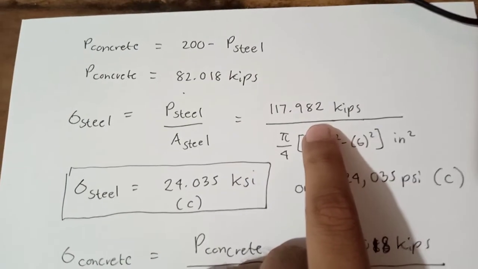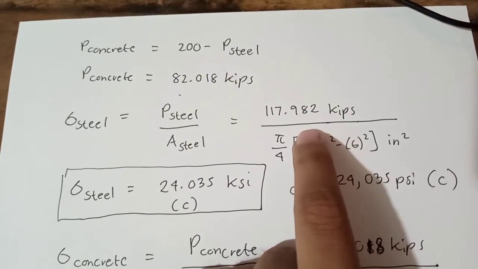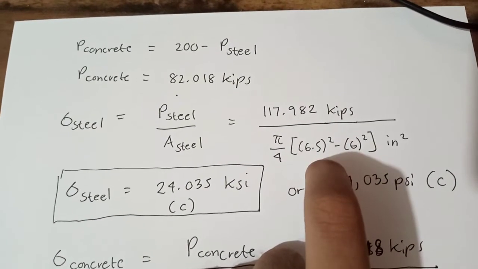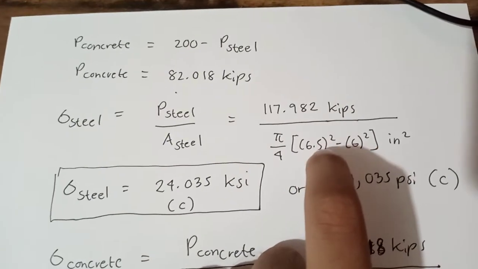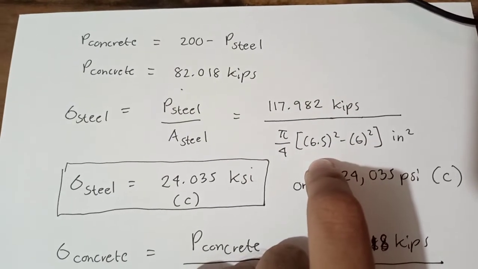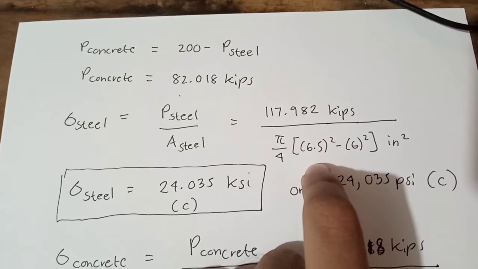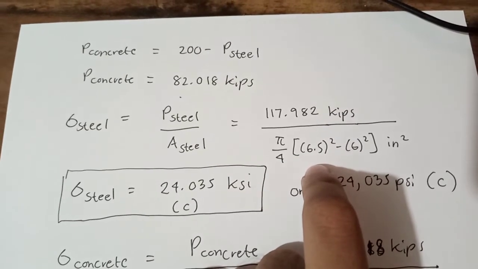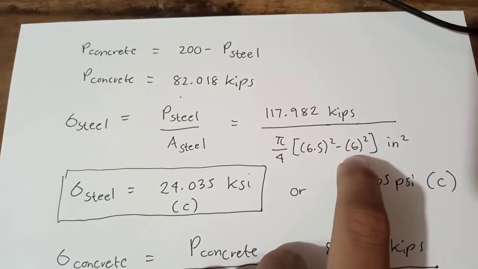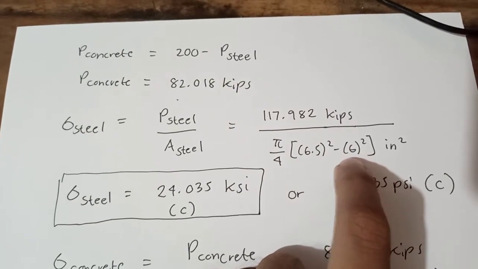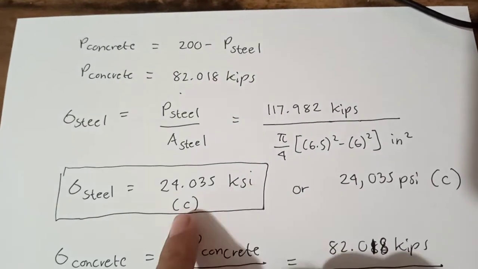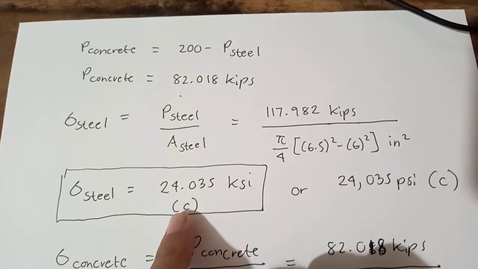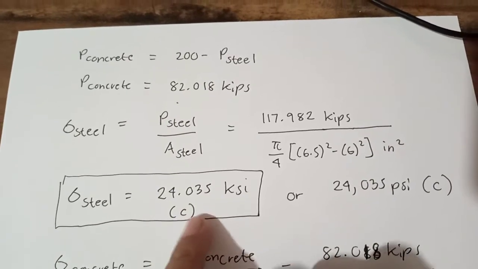The P of steel is 117.982, divided by the area, which is pi over 4 multiplied by the outer diameter, 6.5 squared, minus the inside diameter squared, in inch squared. So we get the stress in steel as 24.035 KSI.